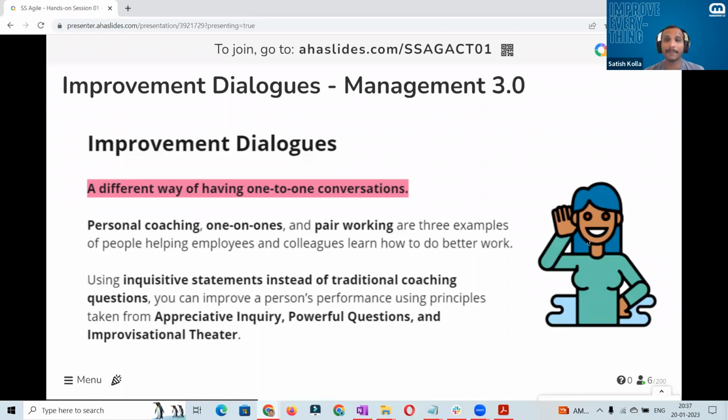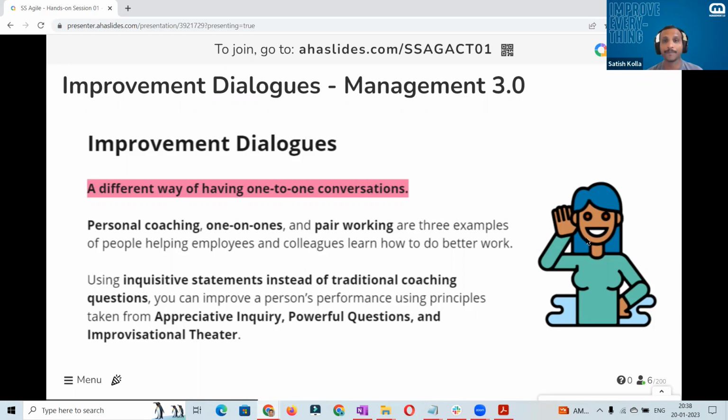The first person will start with a statement. Taking that as a clue, the second person will continue the dialogue using a positive, affirmative statement. No questions asked, no negative statements, no counter-questions, nothing as such. That is where improvement dialogues play a different role compared to typical powerful questions or a coaching conversation.